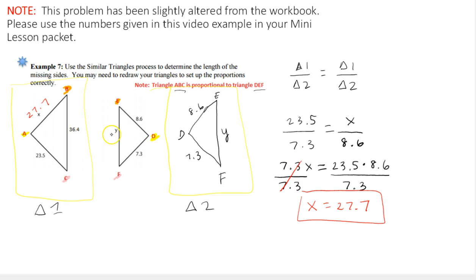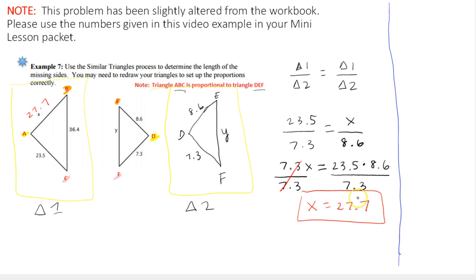Now we still need to find y, so I'm going to put a line here, and we're going to set up the proportion in a similar way. We can still use these two sides, but now we'll need to use the side that has the y, the other unknown value, and its corresponding 36.4.